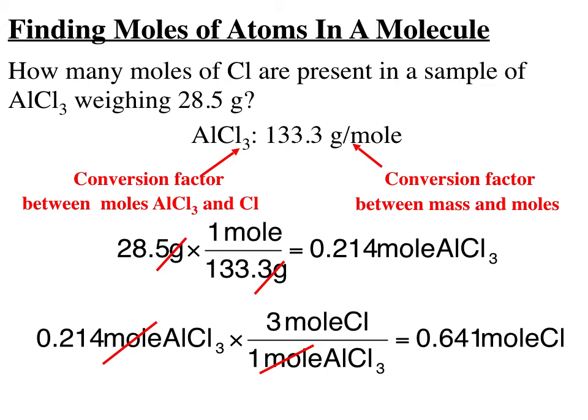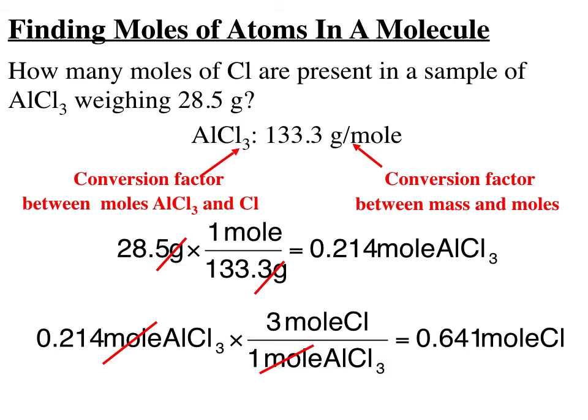One of the pitfalls I see students doing is going to the table, getting the molar mass of Cl, and then just dividing that into the weight of 28.5 and thinking they have found the moles of Cl. What you have to recognize is that this 28.5 grams reflects not only the weight of a single Cl, it reflects the weight of 3 Cls connected to an Al.